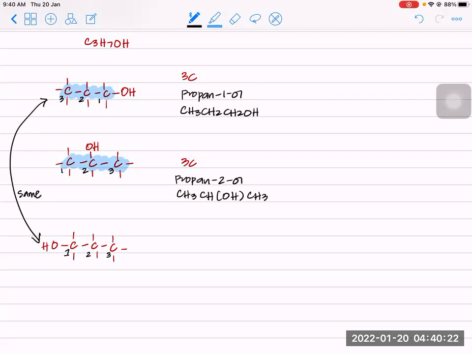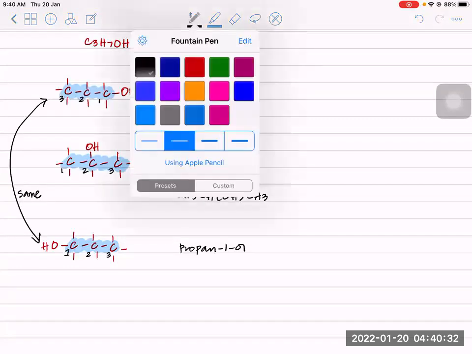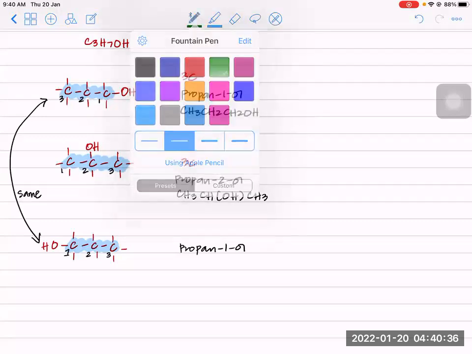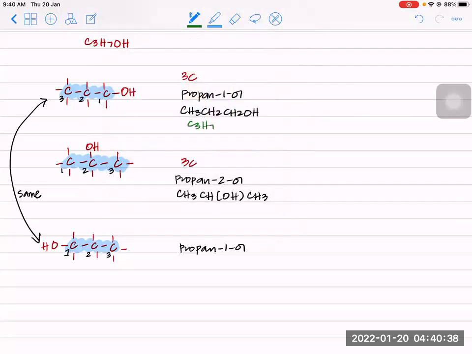Because when you name this, this will also be what? Propan-1-ol. So it's the same. Is this clear? So you have, do you see right here? The molecular formula is the same. This is C3H7OH. This is also C3H7OH.